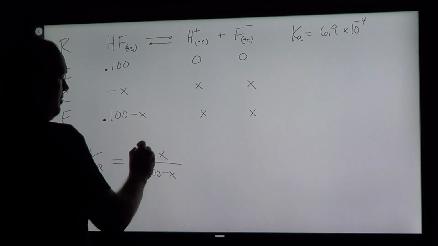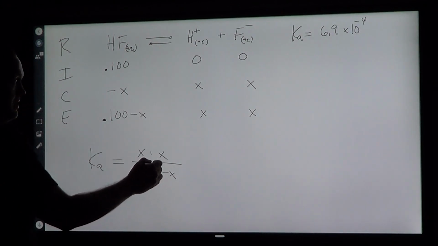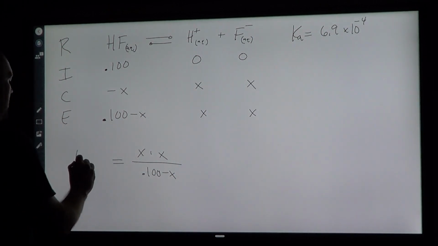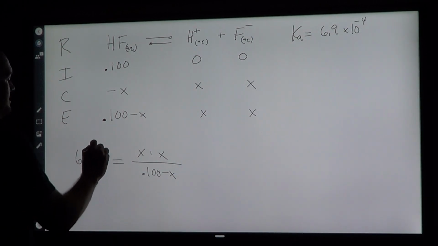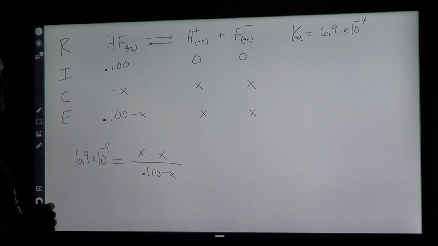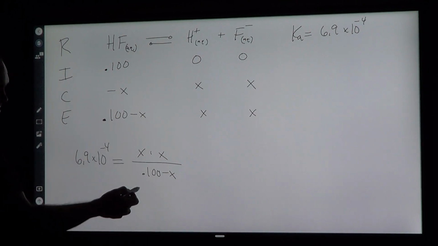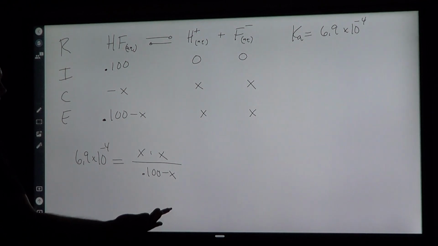We just know that when we do this, our Ka is 6.9 times 10 to the minus 4. And this is where your math skills come in. If we're going to solve this for x, we've got to start simplifying it.